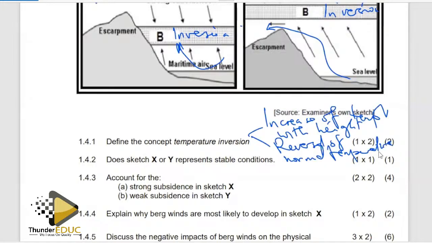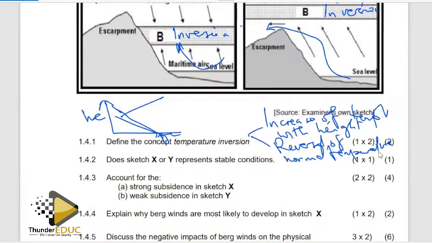We know that in the troposphere, the temperature profile must be negative. As we increase in height, our temperature must decrease. That is the normal temperature profile. But if it's going positive, we are increasing height, the temperature is increasing, that is now a temperature inversion.